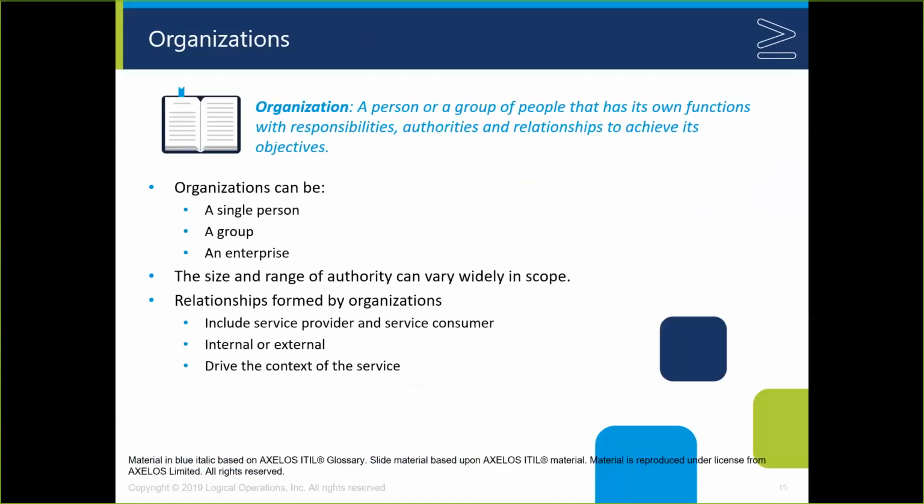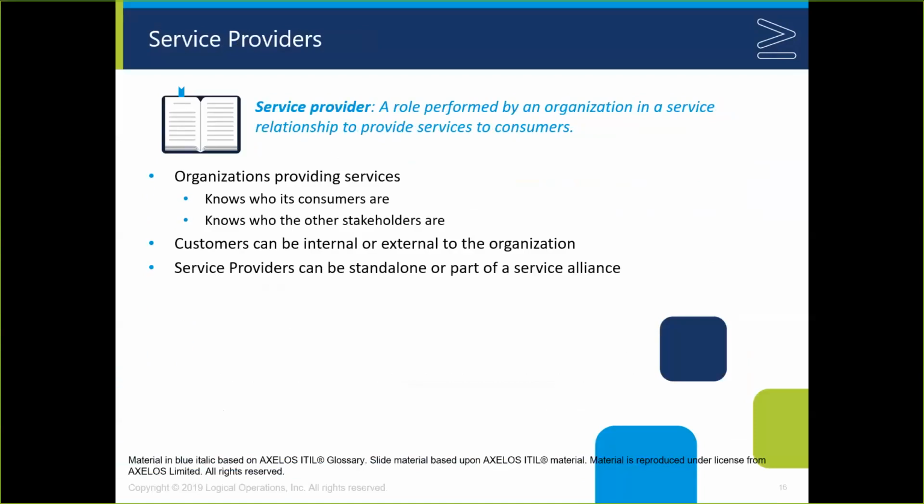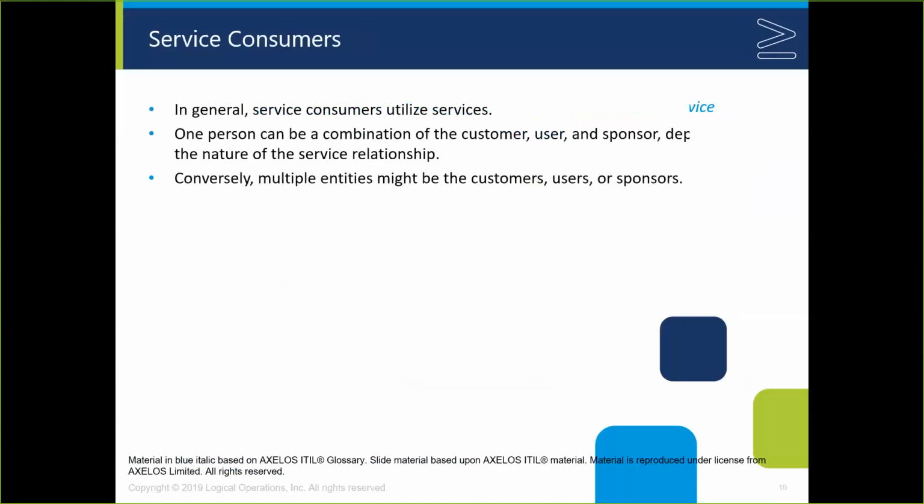It could be an individual person, could be a department or division, could be an entire enterprise. And so this is a really nice conversation piece, because eventually you want to be able to talk to your customer about things like, how you perceive what organization you're even representing affects what services you offer, what customers you serve, and so forth. Then they introduce the idea of service providers and service consumers.